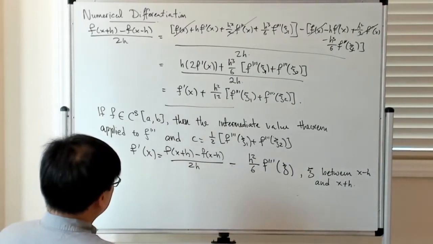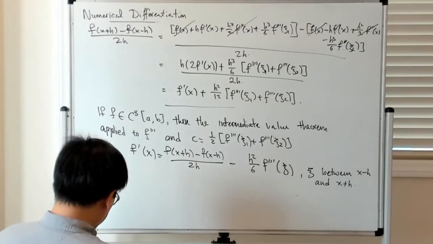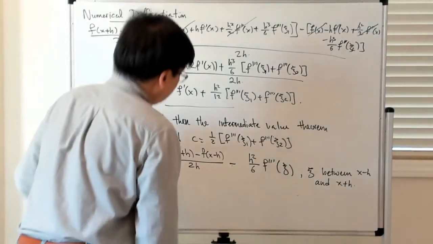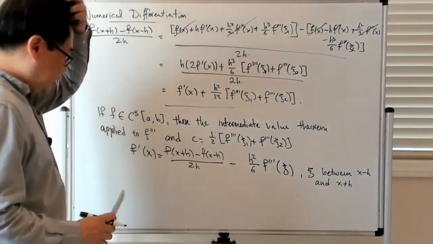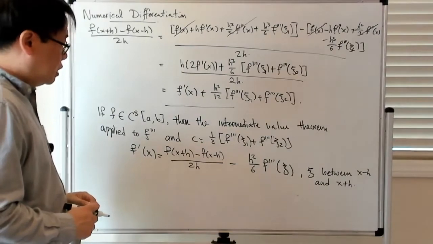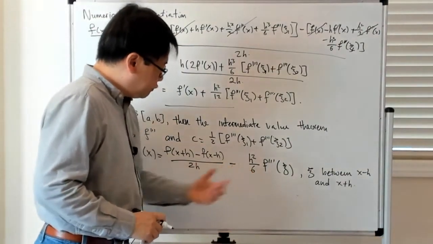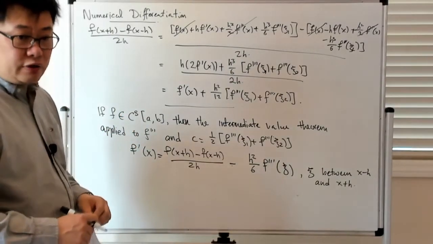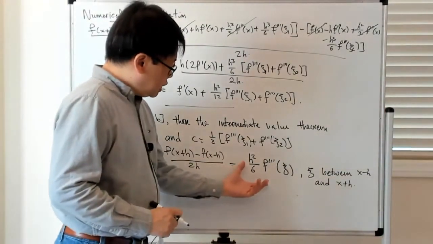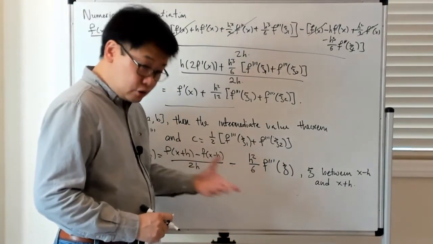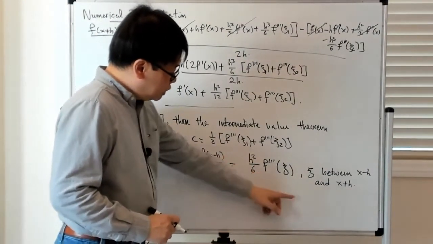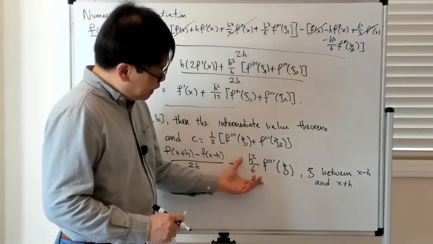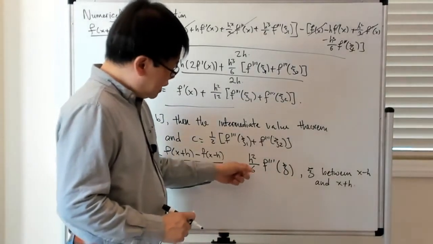So let's observe the following. You have to be a little bit careful when you're trying to approximate functions using this kind of finite difference approximation, because when you're computing this in finite precision arithmetic, there are two sources of error. There's the error term, often referred to as the truncation error, which you want to be as small as possible, and you make it small by making h as small as possible.